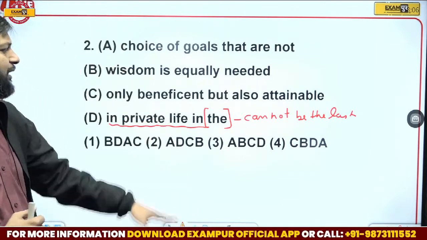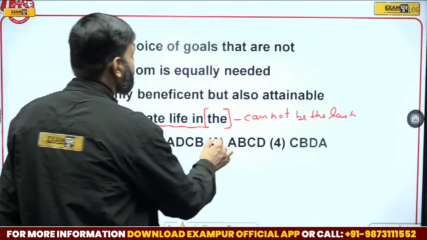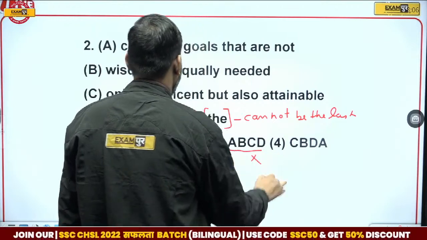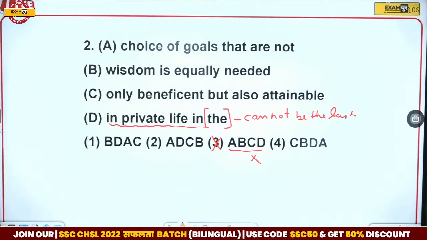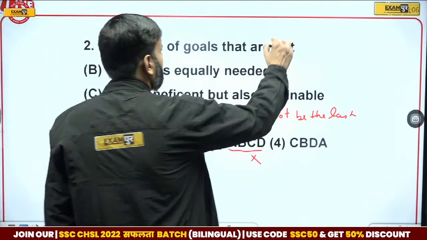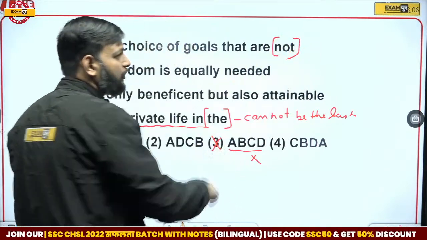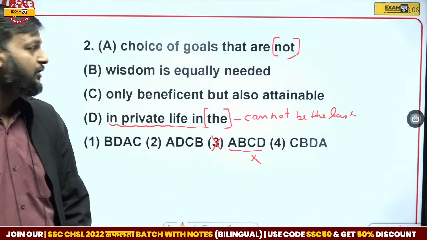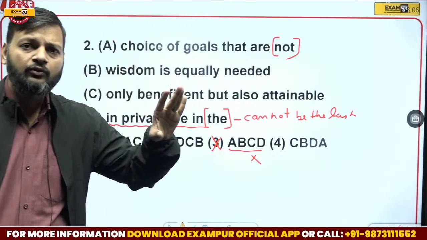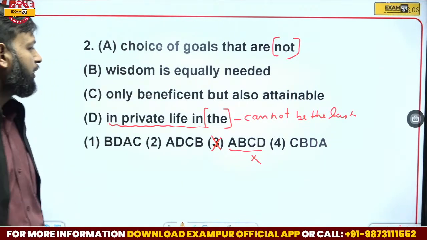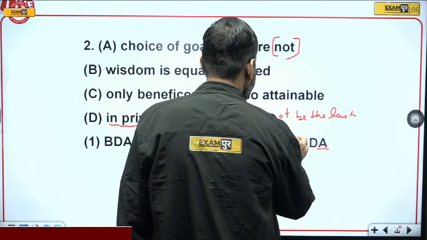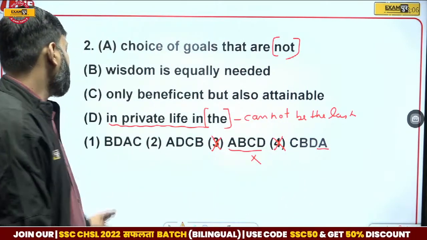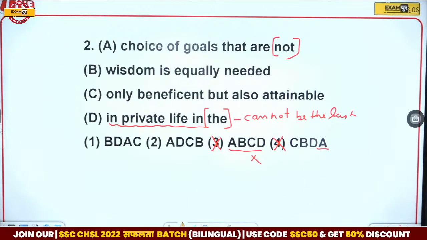So D cannot be the last sentence. It means option number 3 cannot be the answer. And 'not' also cannot be placed at the end of a sentence. So here A is the last sentence, eliminate this as well. Now we have BDAC and ADCB.